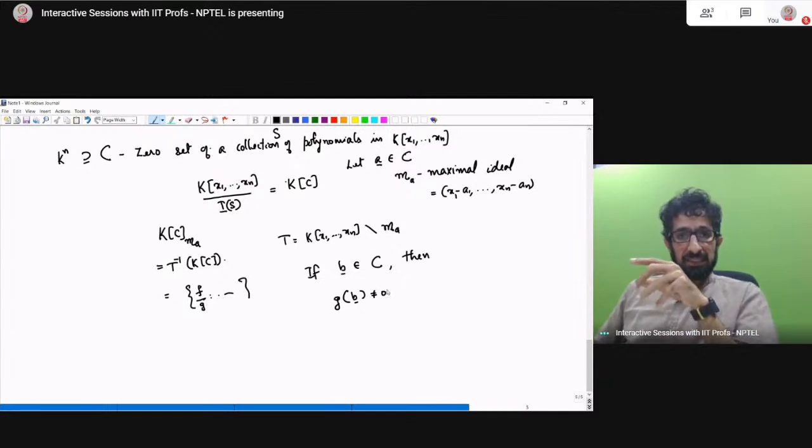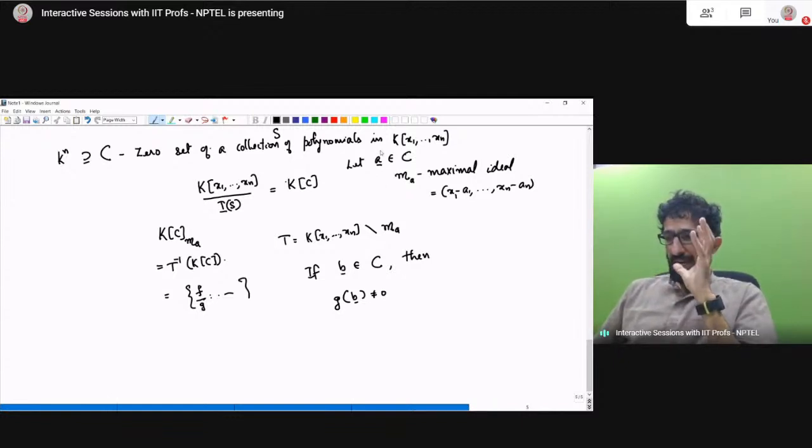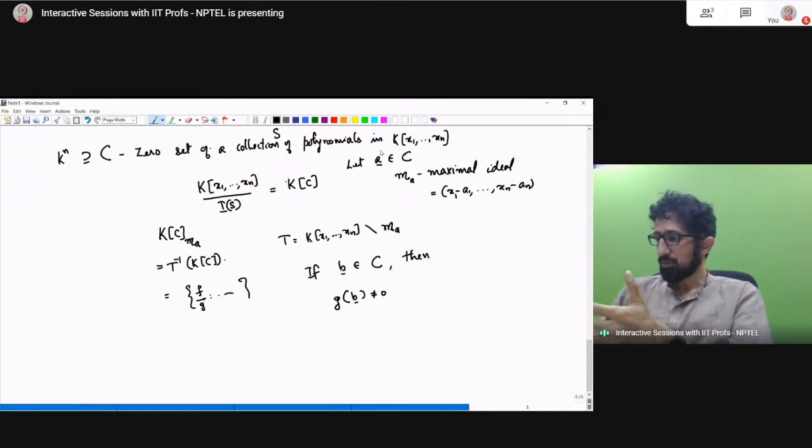That's because the ideal of C is the set of all polynomials that vanish on all points of C, so a polynomial outside that collection is going to be non-zero at the point.